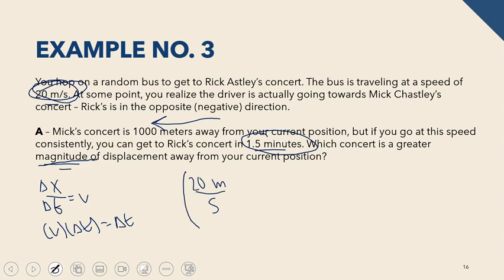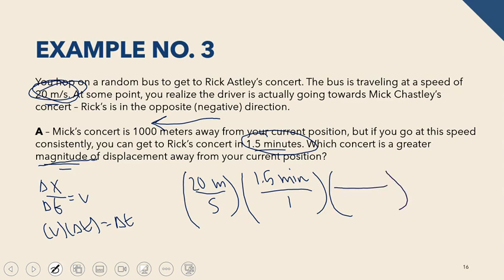We have 20 meters per second, which I said velocity, but we're disregarding direction, times 1.5 minutes. But they're trying to trick you here by giving us the time in minutes when we really need it in seconds. So we're going to multiply this 1.5 minutes by an expression that's equivalent to 1. So we're going to have the minutes at the bottom because we want them to cancel out. 1 minute is equivalent to 60 seconds on the top.